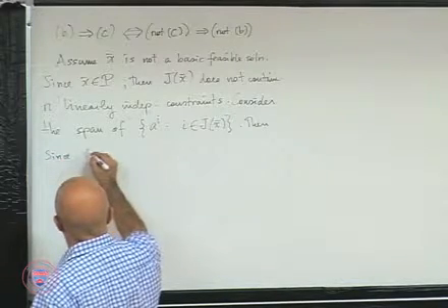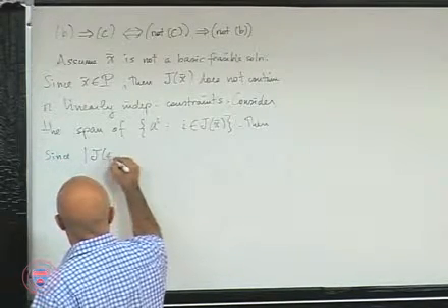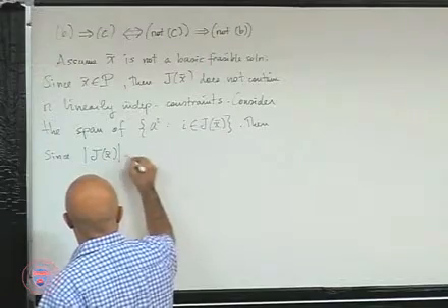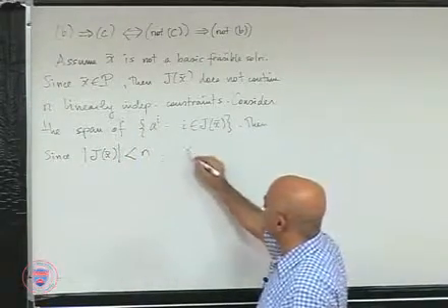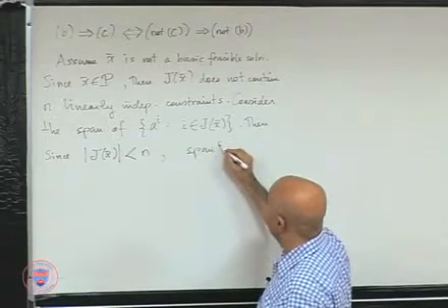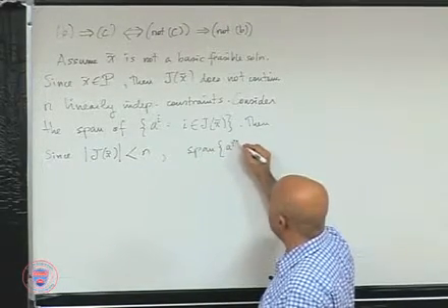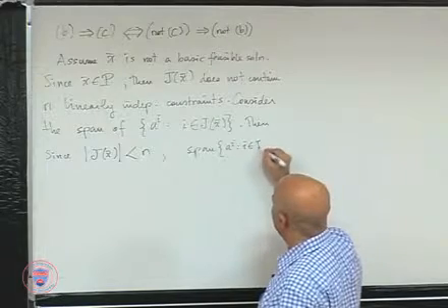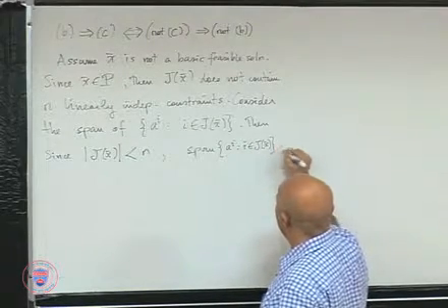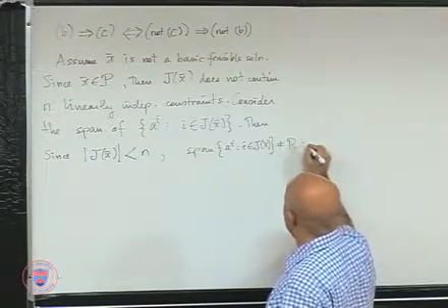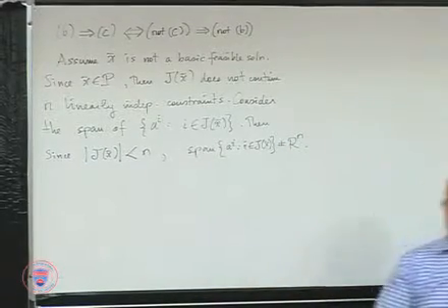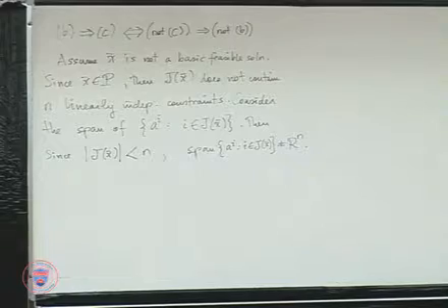So, since J of X bar is less than n in cardinality, the span of these things is a proper subset of Rn. It doesn't include everything.